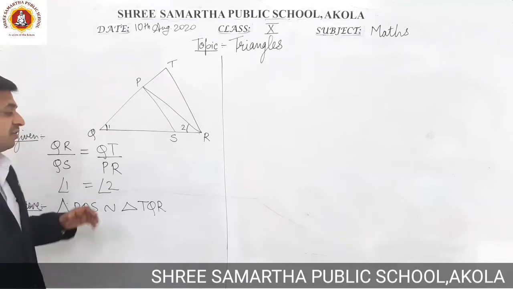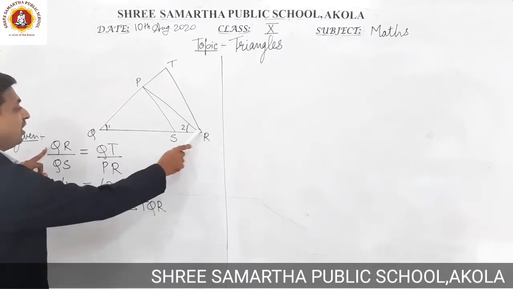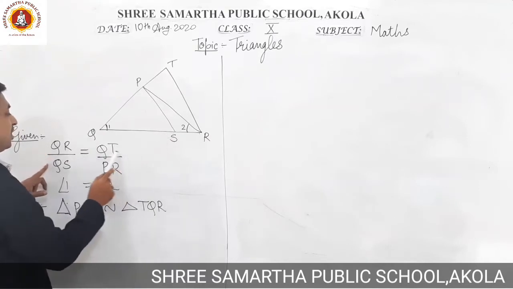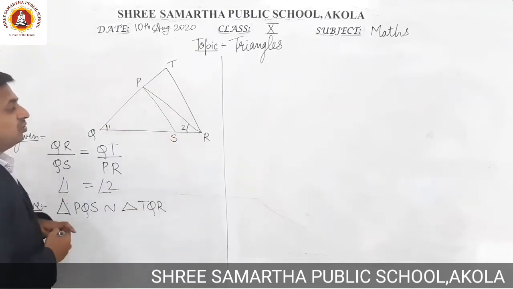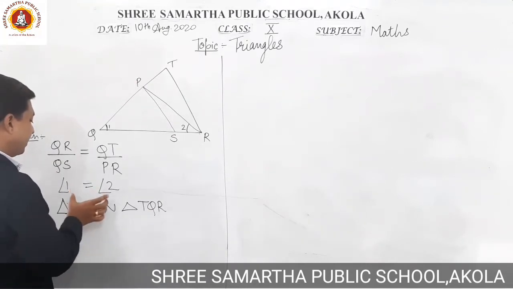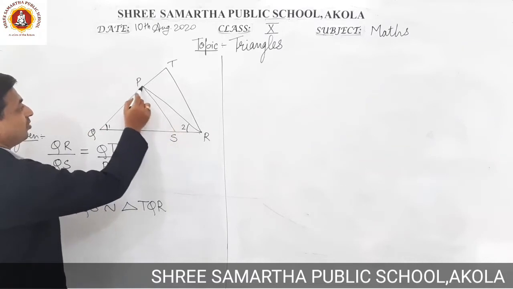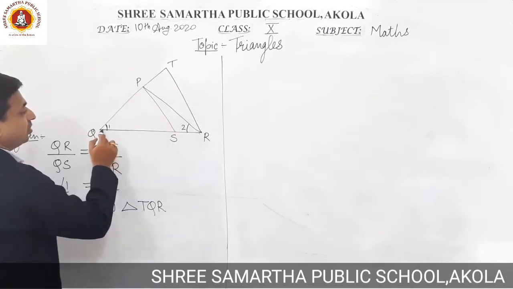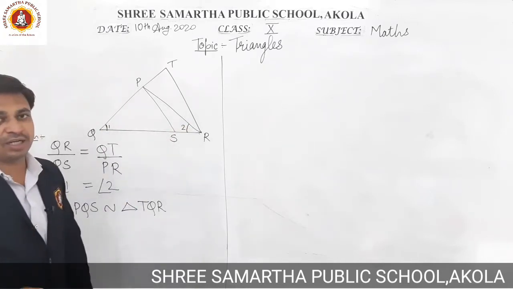First of all, once again we will focus on what is given. It is given that QR by QS is equal to QT by PR. Now, dear students, the second given is that angle 1, meaning angle PQR, is equal to angle PRQ. That is, in triangle PQR, these two base angles are equal, given.